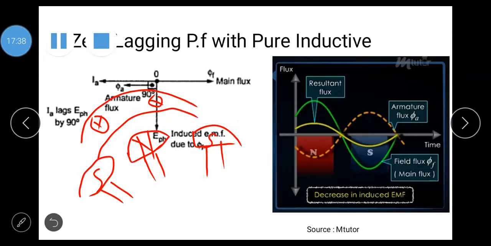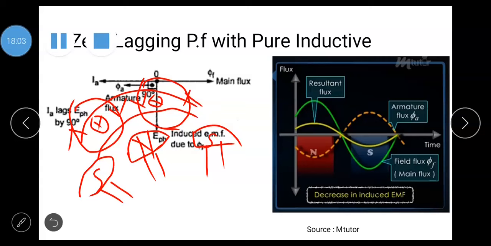If you see here, there is a shift in the north pole, a 90-degree north pole shift. So here is the north pole, and this is the south pole, and this is the south pole. As you know, this is the direction of flux, which will be indicated in the clockwise direction. Similarly, the other will be in the anti-clockwise direction.